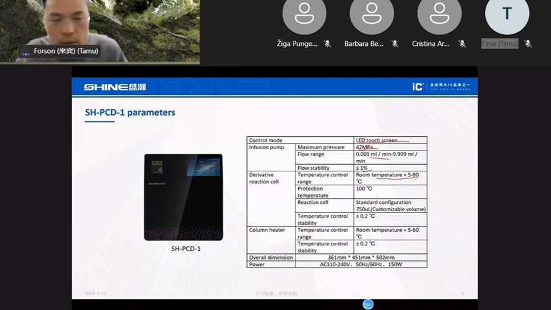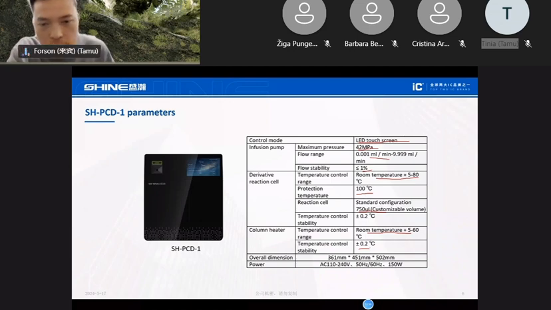The reaction cell temperature maxes out at 180 centigrade, and protects at 100. The reaction cell is 750. We can customize for you according to your requirement. And inside there is a column oven.